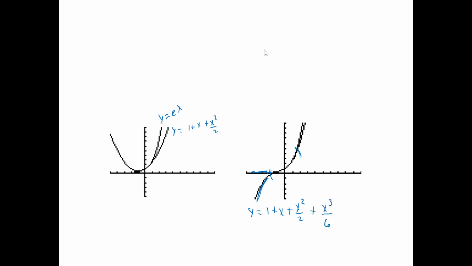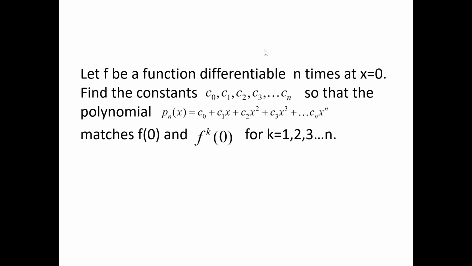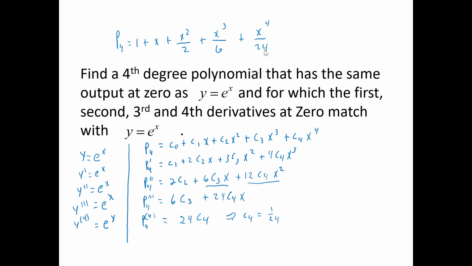If you notice, we just have one extra term than what we had before, this x to the 4th over 24. You can graph those on your graphing calculator and see what that extra term did, and see that it made the curves a little bit closer together for a little bit longer. And there we go.